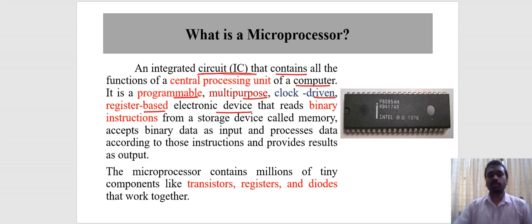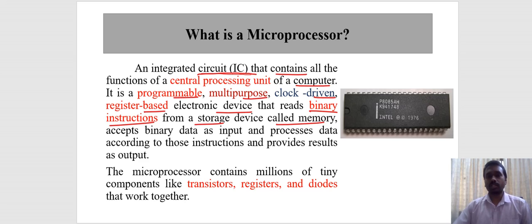And it is multi-purpose, which means it is used for several applications, and it is clock-driven, meaning it requires a clock. Basically it is a sequential circuit, and it is register-based. That means internally it has some registers for storage purposes, and it reads binary instructions from the storage, that is called memory.